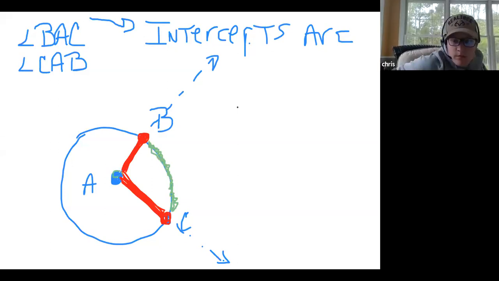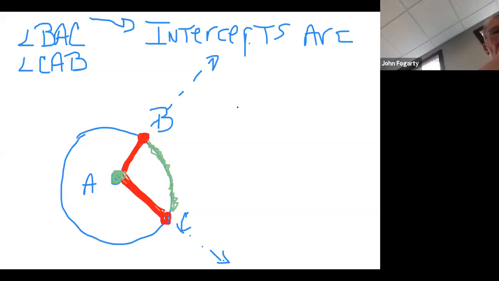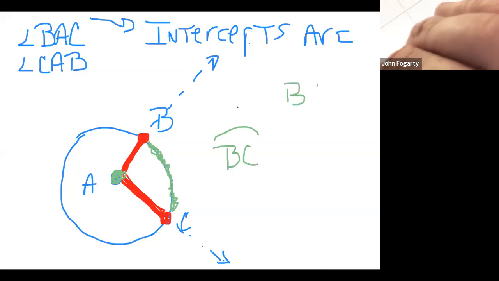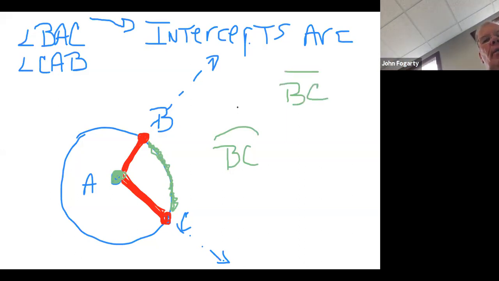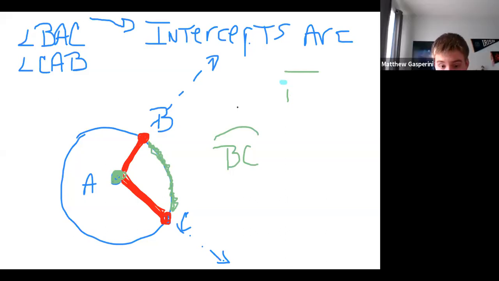So we would say that angle BAC intercepts arc BC. That's supposed to be a bit of an archy figure. We would just say that would be arc BC, whereas if we went like this, that would be line segment BC. Does everybody understand that? Yes, sir. All right.